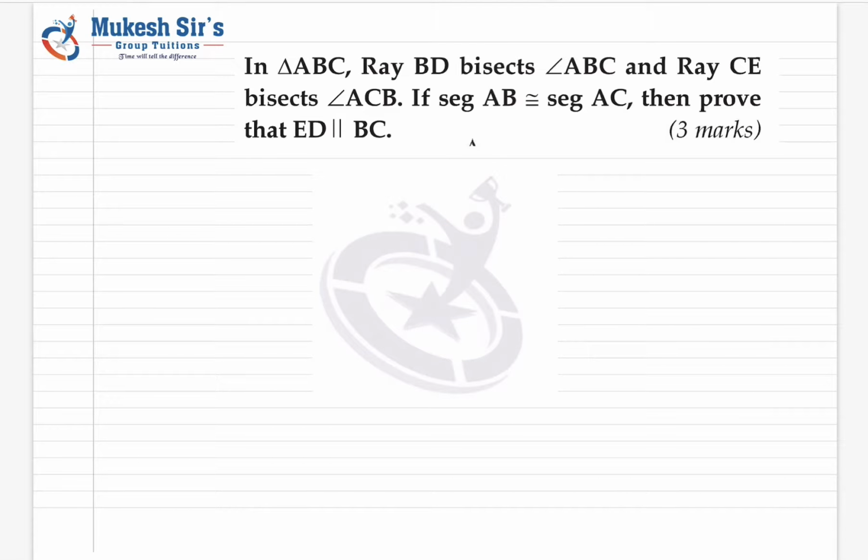In triangle ABC, BD bisects angle ABC and CE bisects angle ACB. If AB is congruent to AC, then prove that ED is parallel to BC. So you need to draw the diagram first. You have triangle ABC.